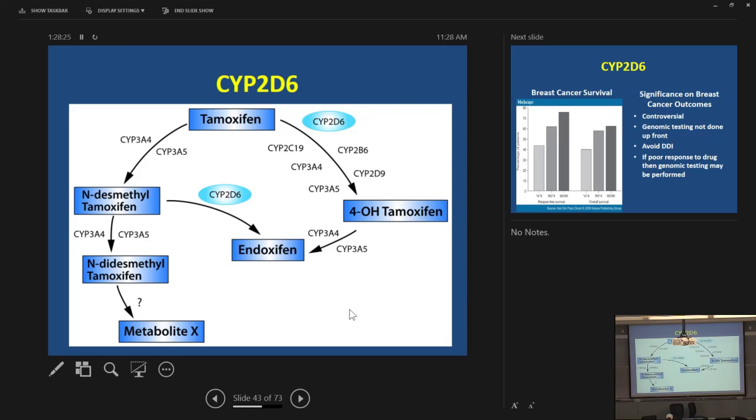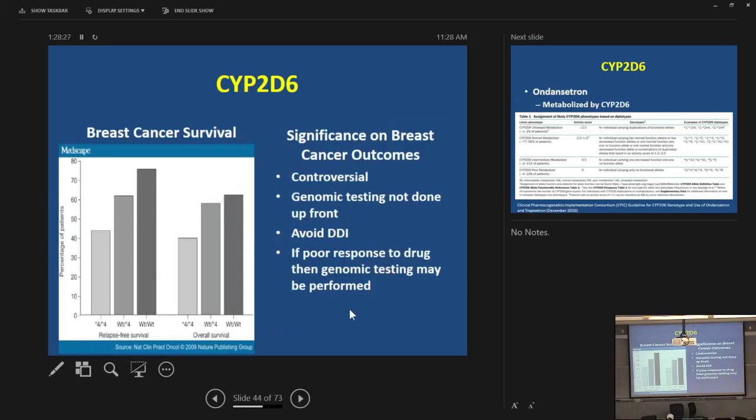Okay, all right. So with CYP2D6 and breast cancer, any kind of impact on CYP2D6 can affect overall survival. People who are homozygous deficient have lower survival than patients who are wild type. So it's something that we do pay attention to.